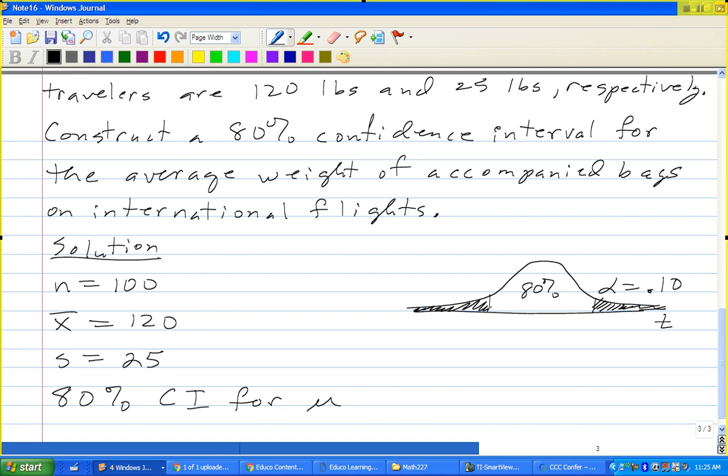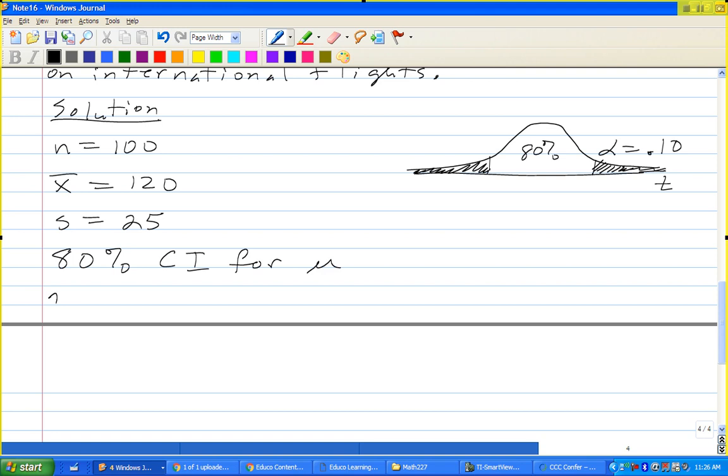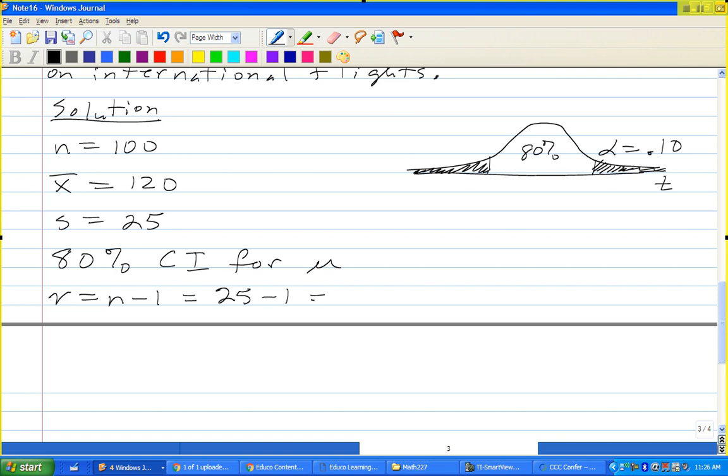My degrees of freedom are 24. Let's look this up in my table.